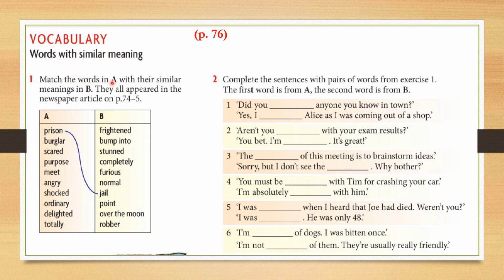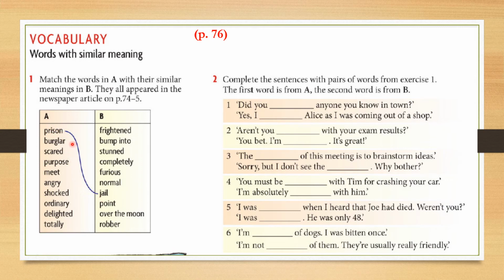Combine the words in A with their similar meaning in B. They all appear in the newspaper article on pages 74 and 75. But there's no need to go through it. You can try to do it here, like the first one, prison and jail.